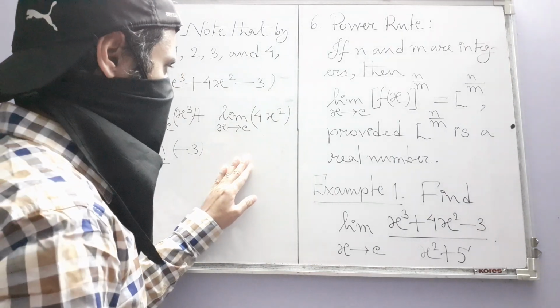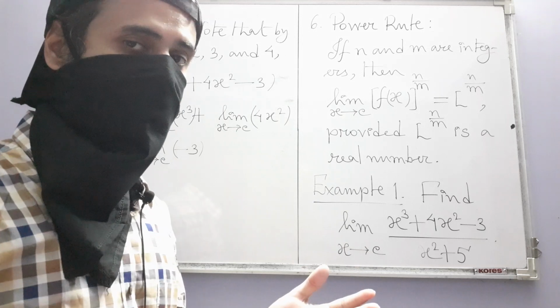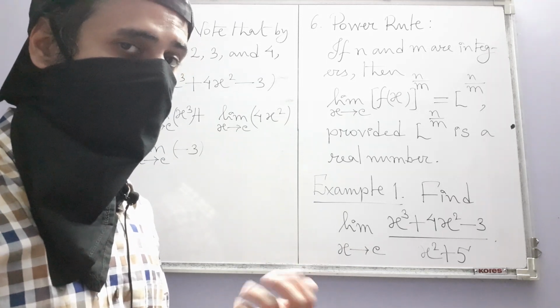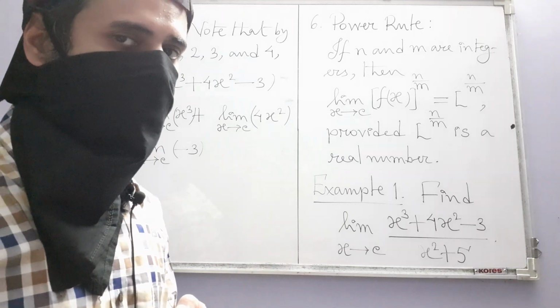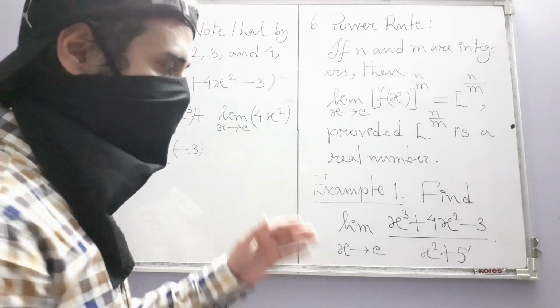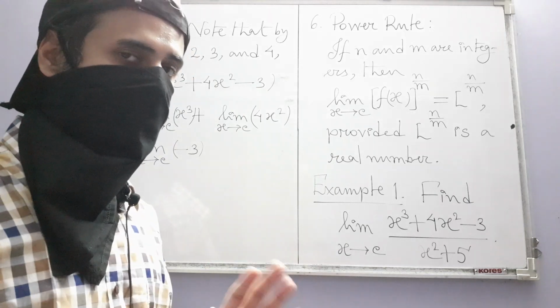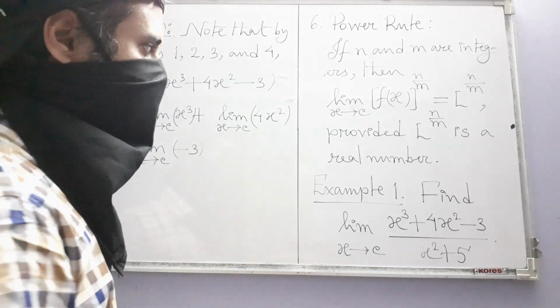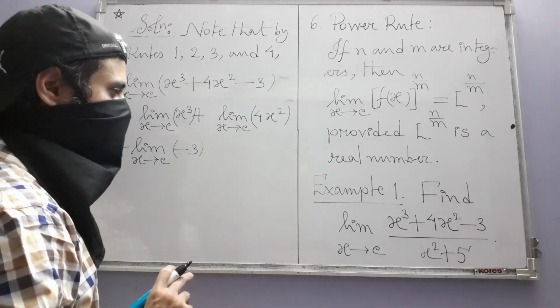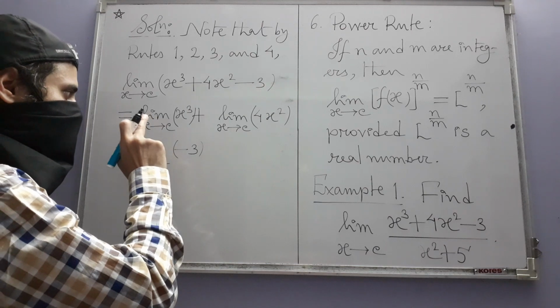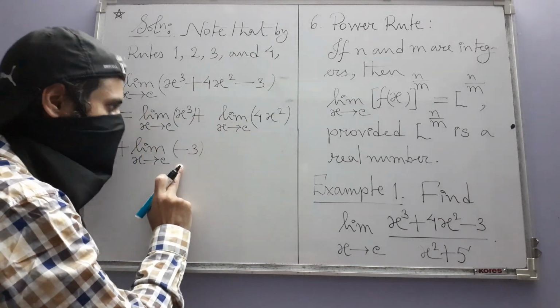But the keen-eyed viewer may already have a doubt. Some of you may be thinking that what I have done here is really not quite correct, because according to theorem 1, first of all I have to make sure that these limits exist.